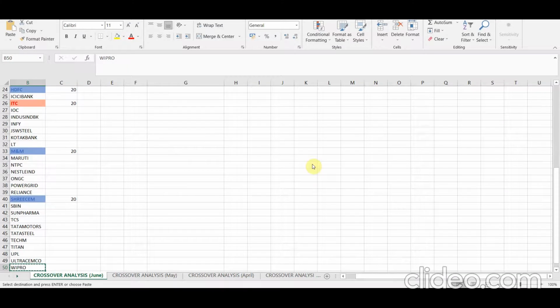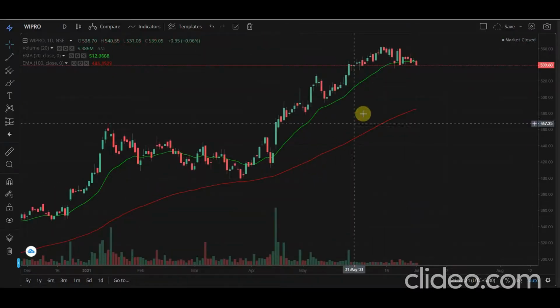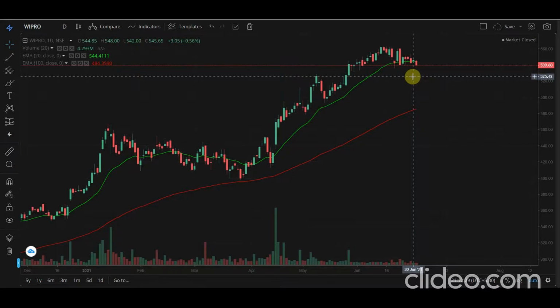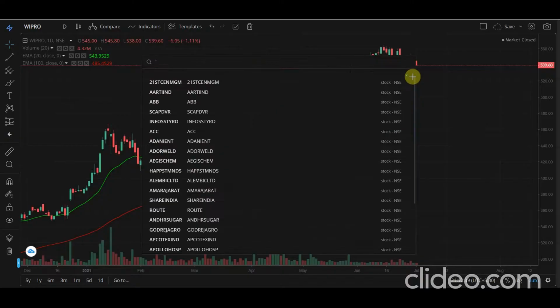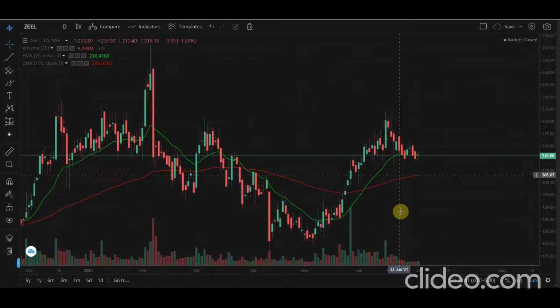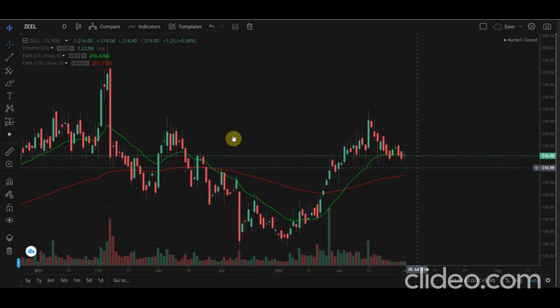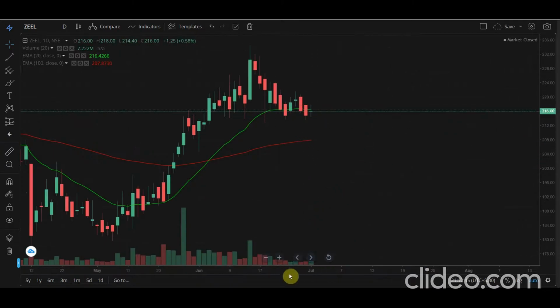Next is Wipro. Again, the gap is very huge. Again, it's an IT stock. We can't expect a bearish crossover in the near term future in the IT stocks. Last one is Zee. It's near, but still it's quite wide, so I'll ignore this one too.